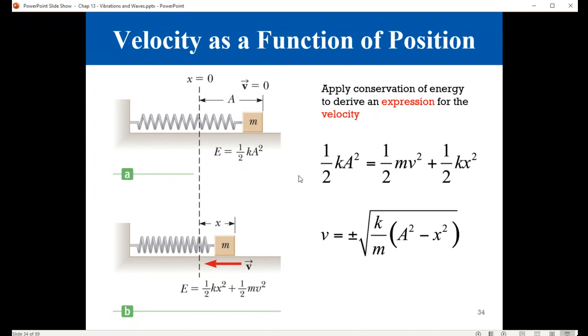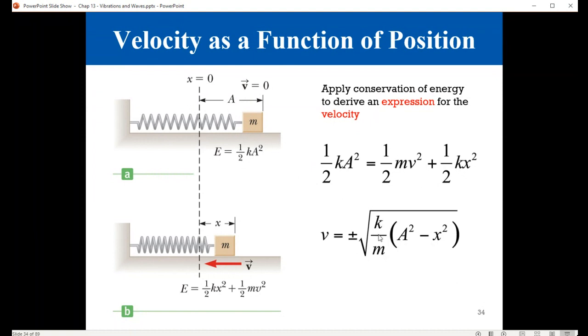If we solve this equation for the velocity v, we get this result. v is plus or minus the square root of k divided by m, multiplied by A squared minus x squared. This is the equation for the velocity. k over m is a constant.